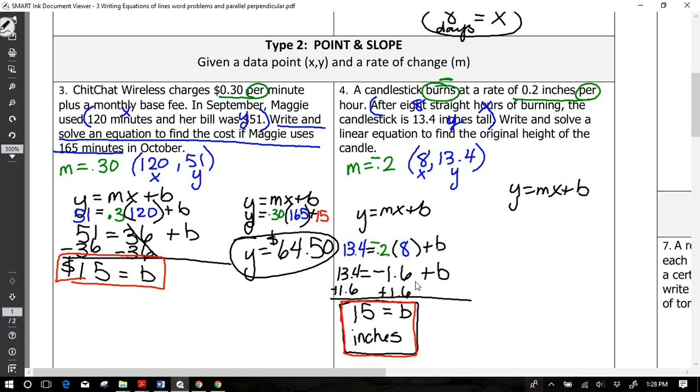So my step 1 was finding b, and I did all that right over here. Step 1 on the left. I'm now doing step 2 on the right, which is to do the second part of the question. We want to find the original height of the candle. So they could have said, find the height of the candle when it had been burning.